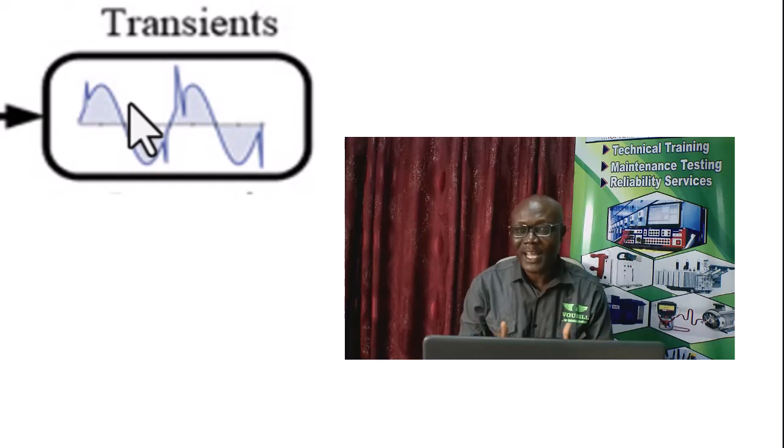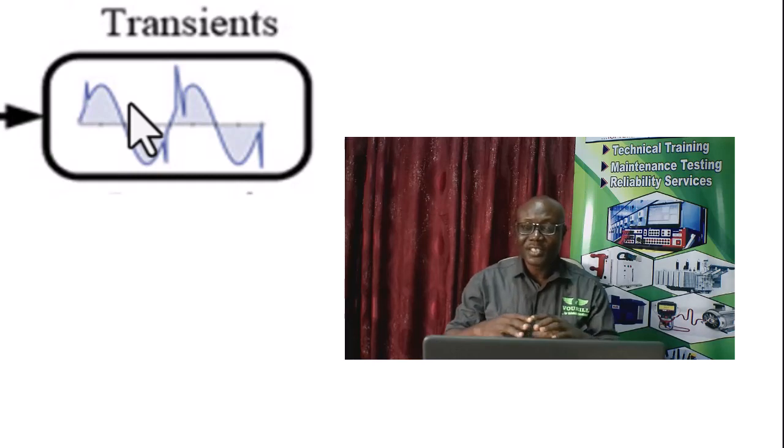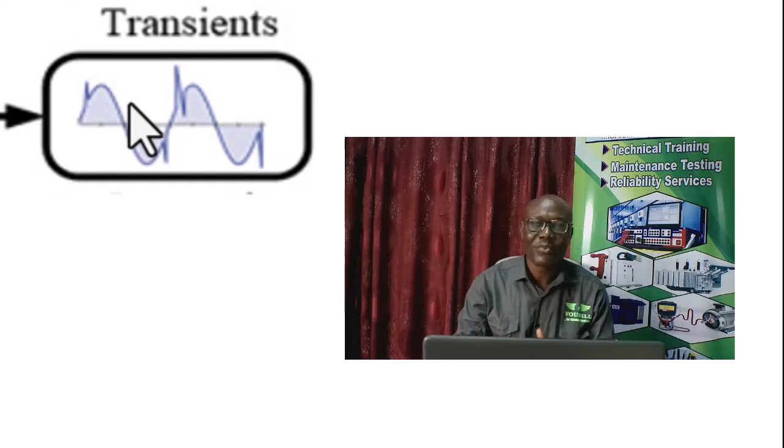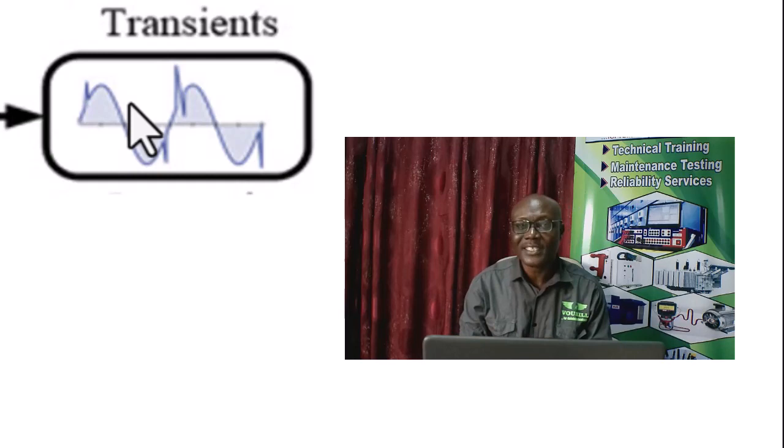Remember, when lightning strikes, it creates an electromagnetic field. That electromagnetic field that is created as the lightning is discharging into the earth induces voltage into our electrical system. These are the spikes. They are usually very, very high voltage.